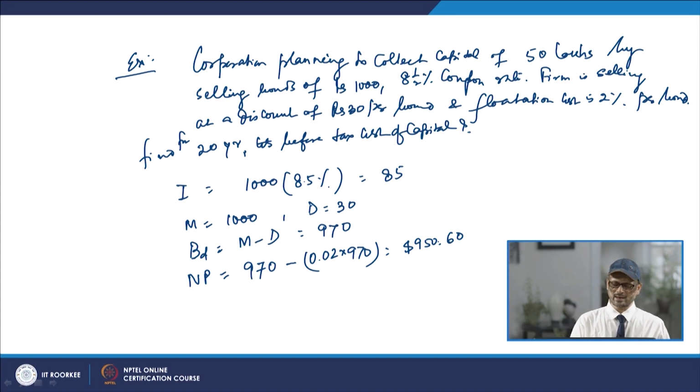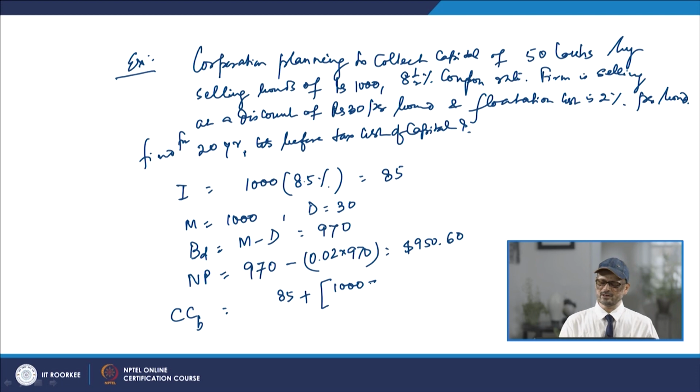Now, what is happening is that you have to find this before tax cost of capital. So, that will be I plus, so I will be your 85, then you have the difference, that is the face value, which is 1000, and net proceeds 950.60, and this will be divided by 20.